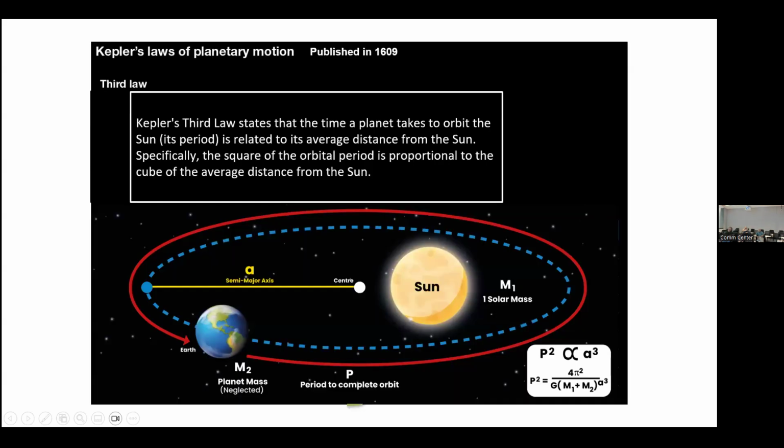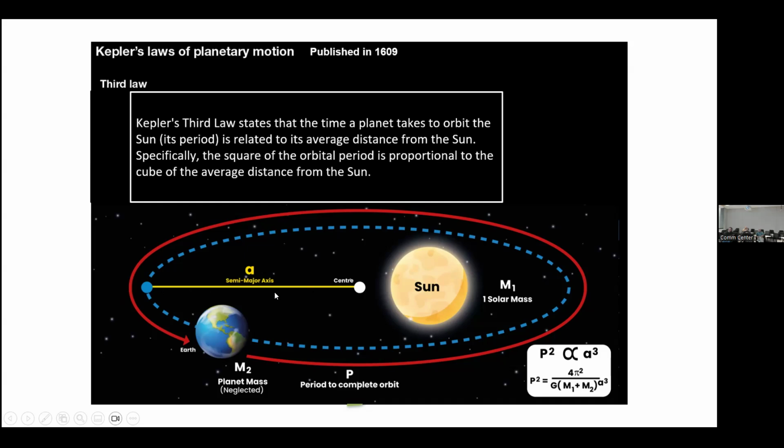So it started with Kepler's third law of motion, which basically says that he figured out there's a relationship between the period that a planet takes to go around the sun and its semi-major axis.